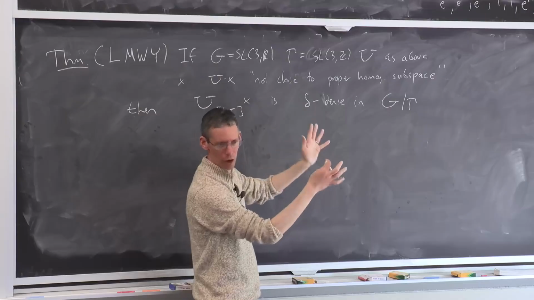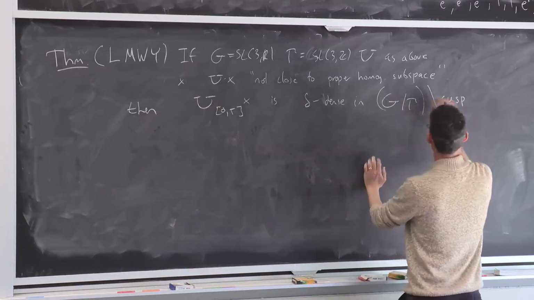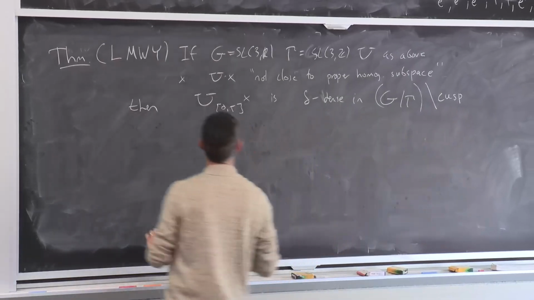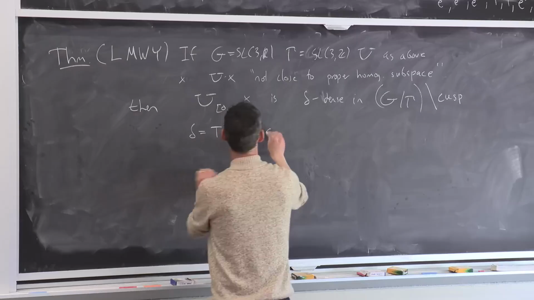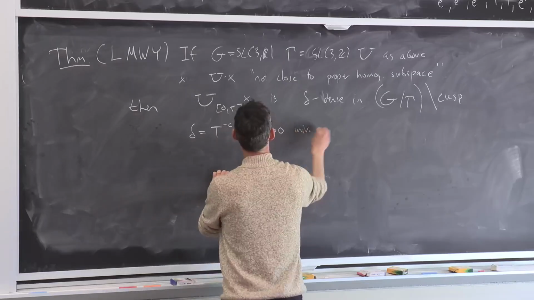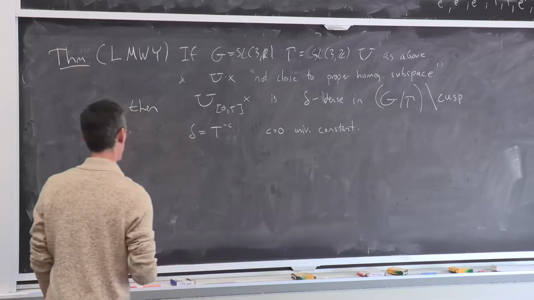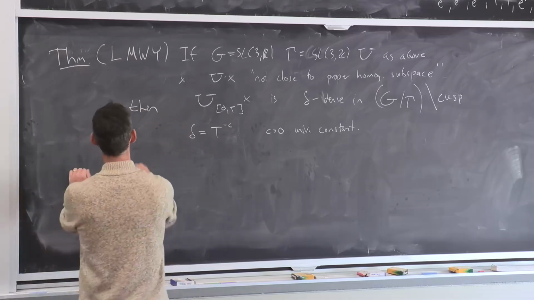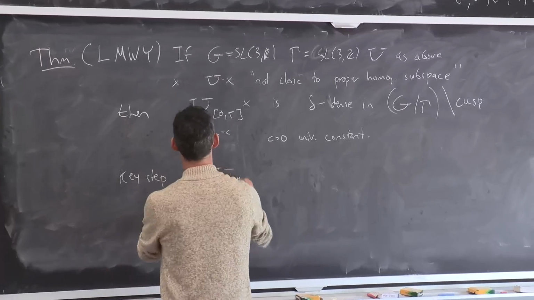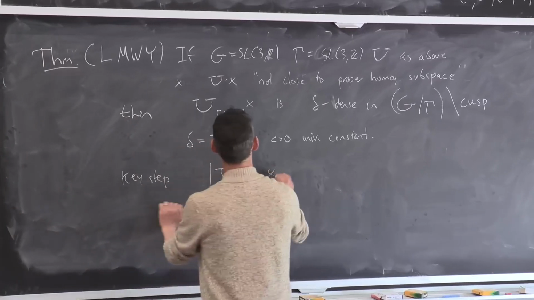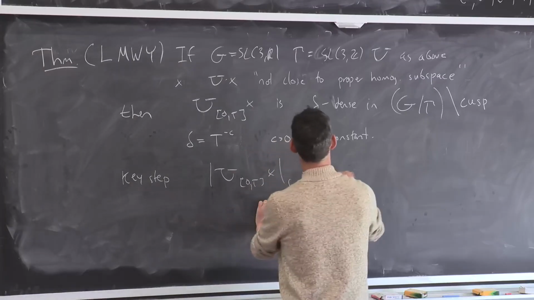But if you cut off the cusp, so you have a compact piece of this. And delta is T to the minus c, where c greater than 0 is a universal constant. OK, and a key step in the proof is to first show an estimate of the kind that we were talking about, that the delta covering number of this orbit is pretty big.